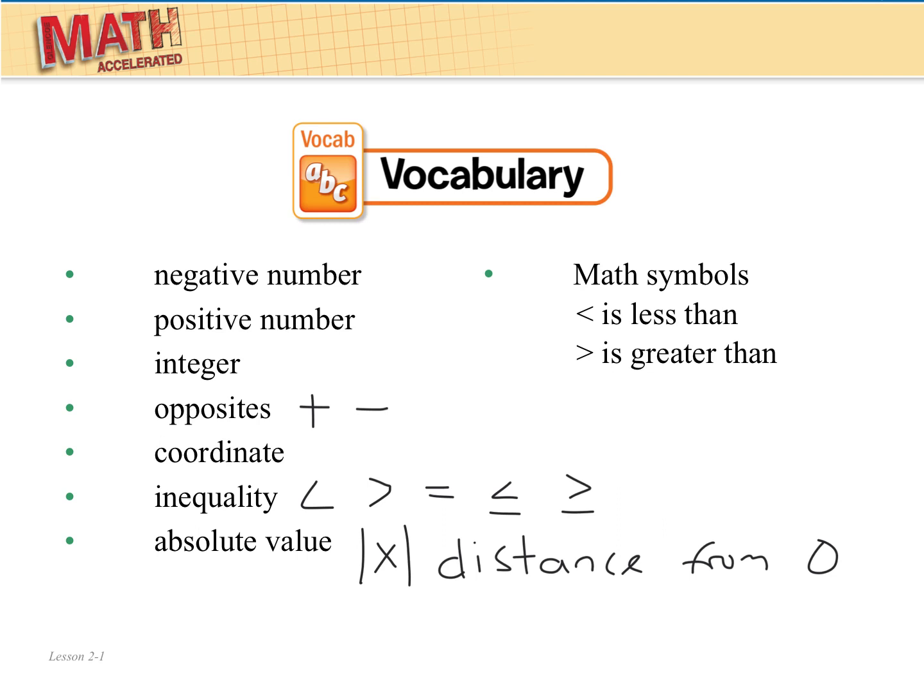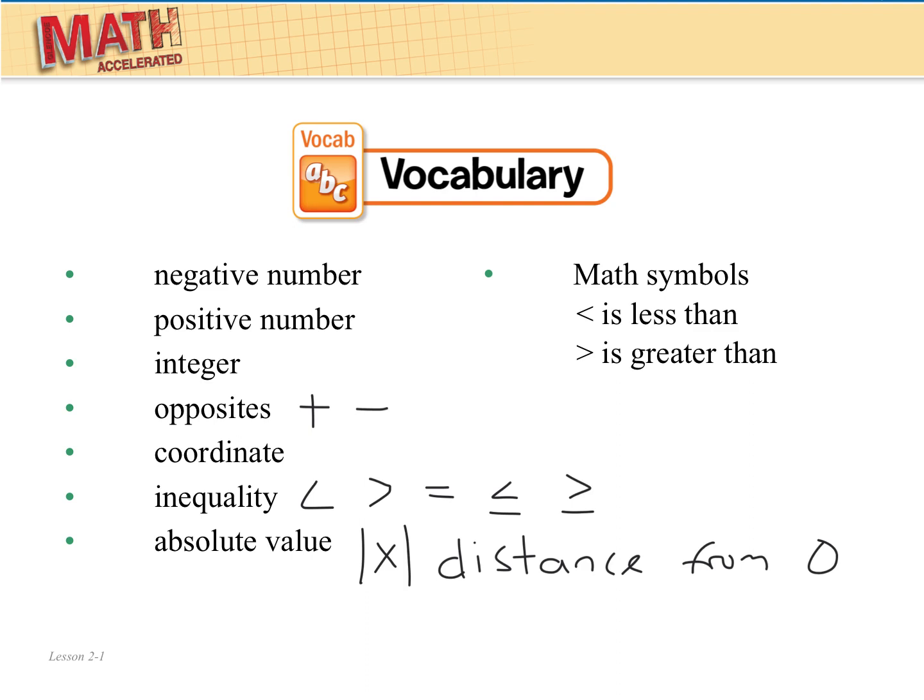The absolute value means the distance from 0, whether you're moving left or you're moving right. Okay, math symbols: if it's pointing away from the bigger number, it is less than. If it is eating the bigger number, it is greater than. We'll talk about that more with examples.